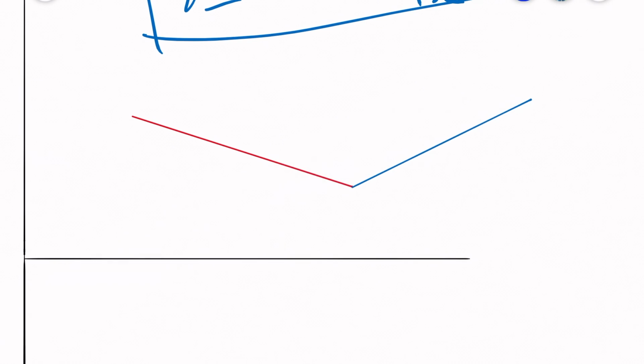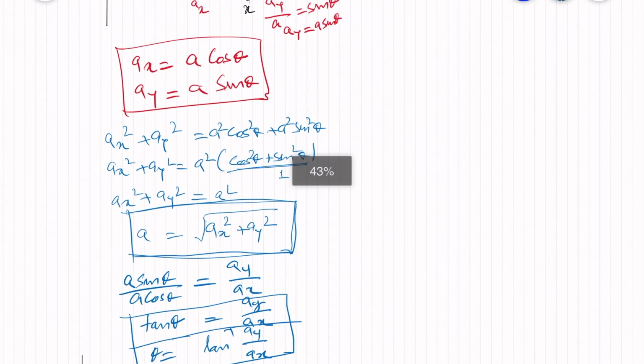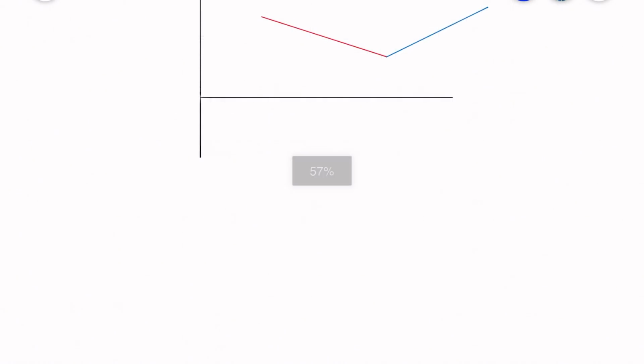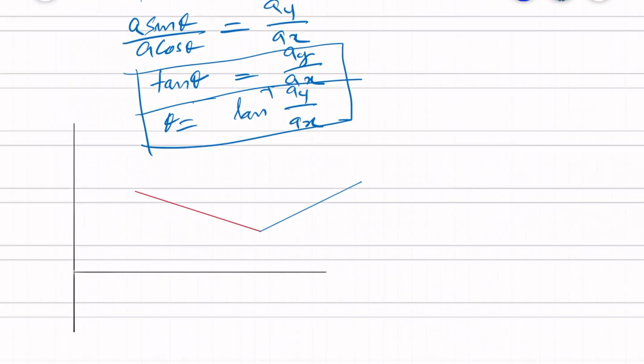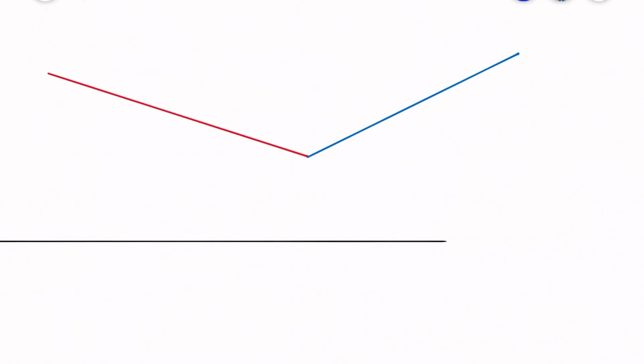So basically what we have is, this is vector b, and this is our vector a. Now from whatever we have learned, what will be their addition?